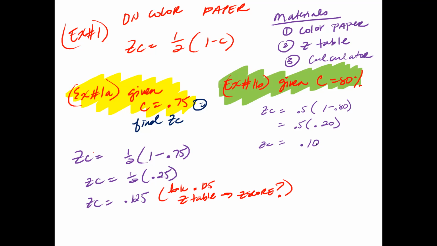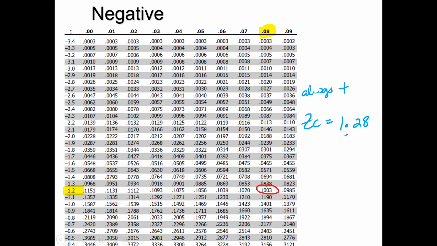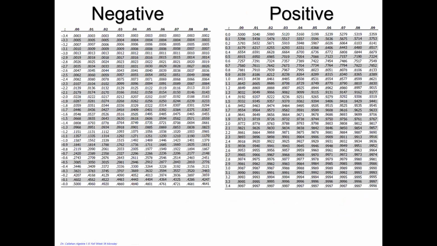And so if I take a look at this on my Z table, 0.10, 0.1.